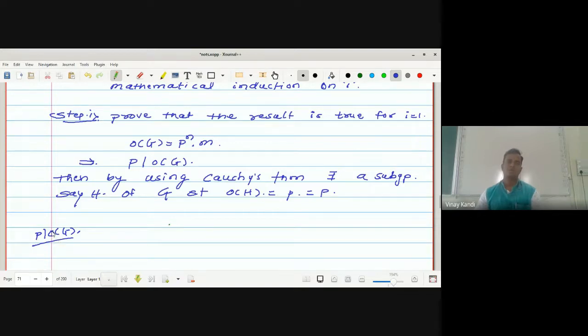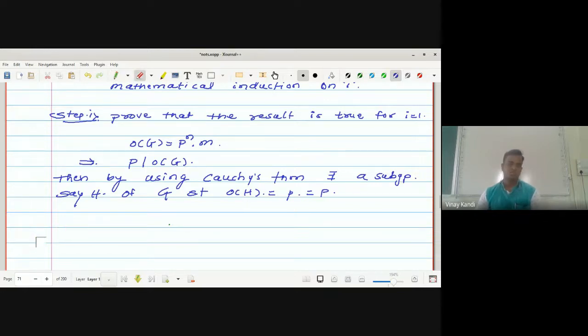The subgroup generated by that element a has order of H equal to order of a, equal to p. Hence by Cauchy's theorem, there exists a subgroup of order p. Say this subgroup is H.